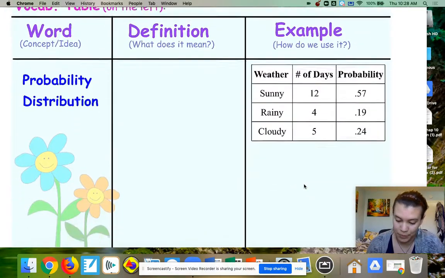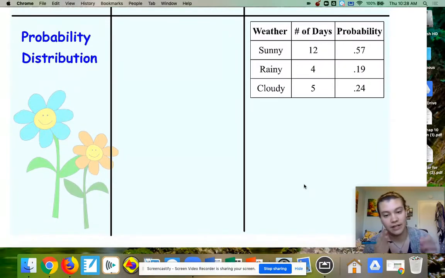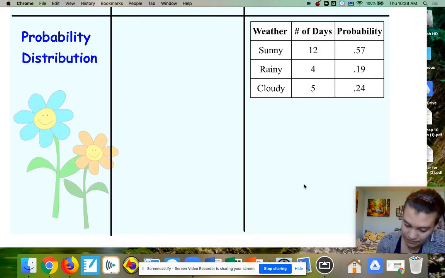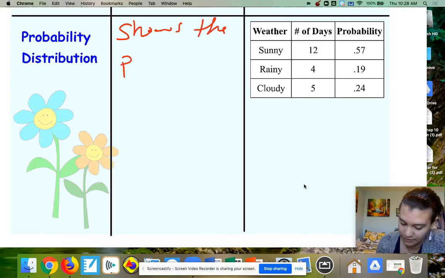Okay, so probability distribution is taking your frequency table one step further. So you have your categories, you have your frequencies, and then you also list your probabilities. So it's a table that shows the probability of each outcome.